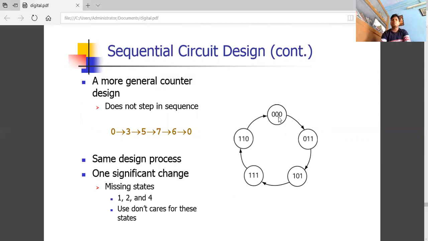Some states are missing, like 1, 2 and 4. In this condition we use the don't care condition.